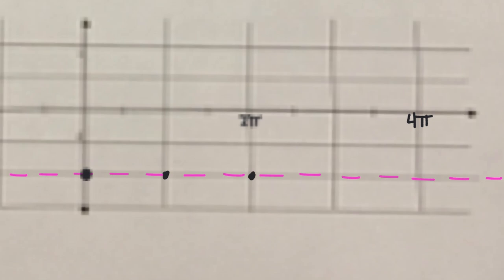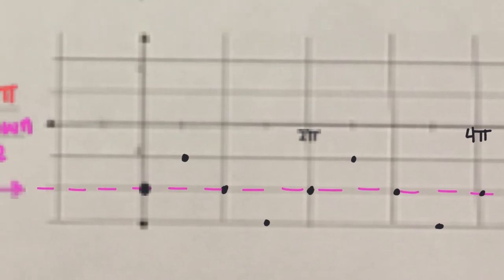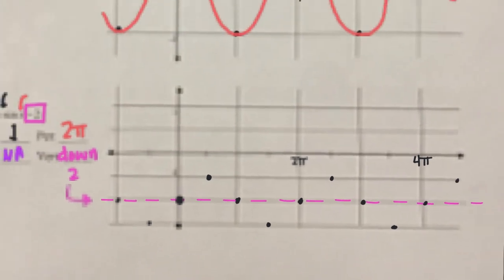A positive sine graph goes up to a max and then down to a min between the next zeros. So then it will go up to another max and then back to a 0, down to a min, back to a 0. Okay, and it follows this pattern for sine. 0 max, 0 min. 0 max, 0 min.